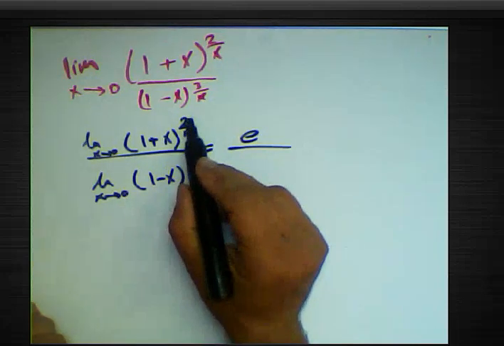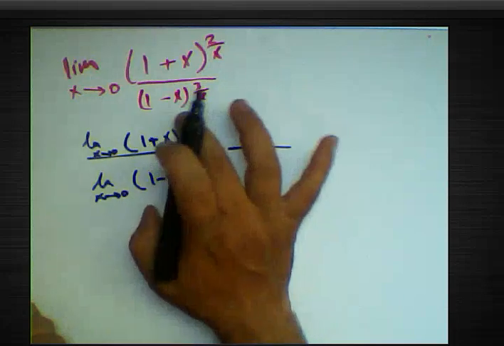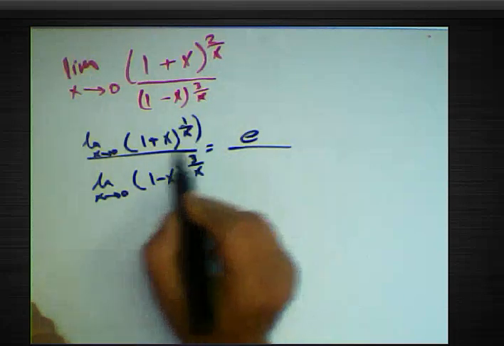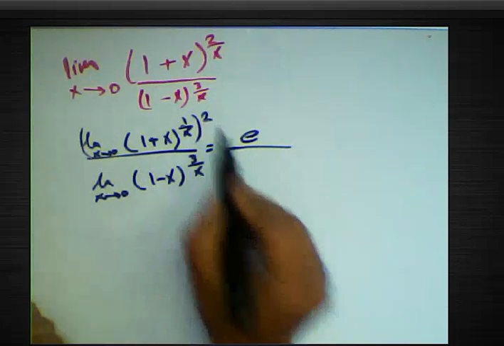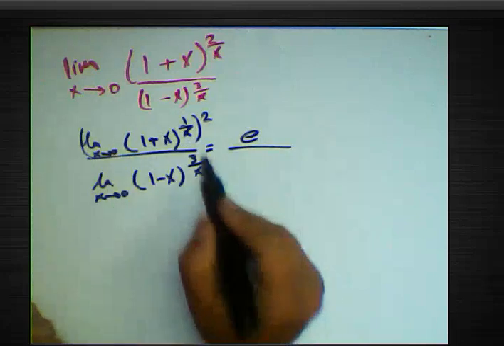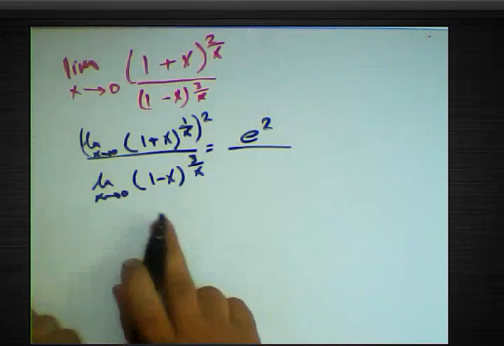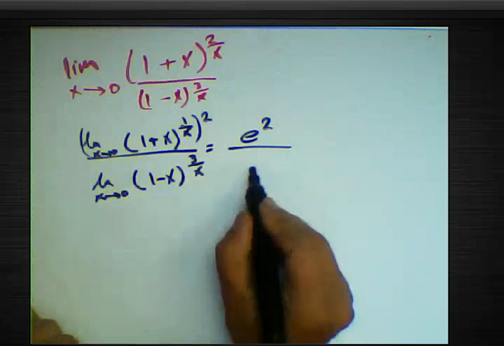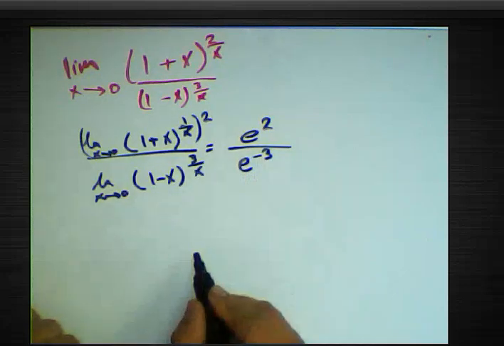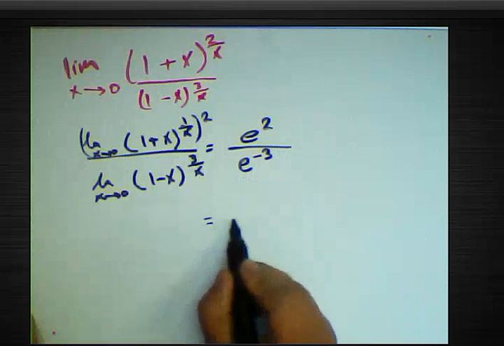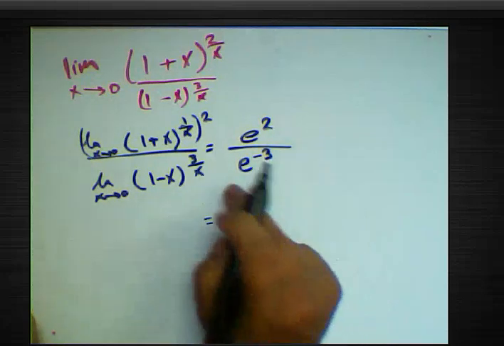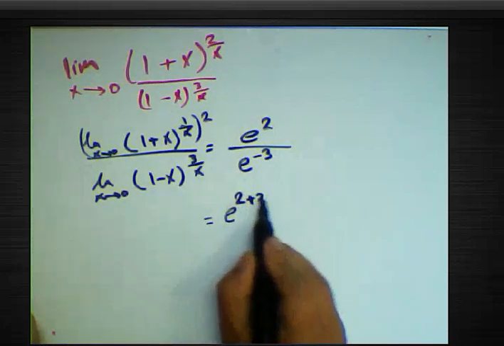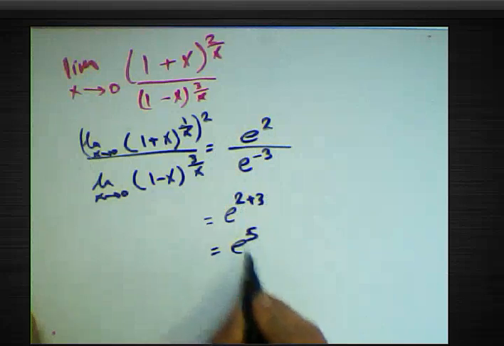We have 1 over x times 2, meaning 1 over x all power 2. So the result about inside here is e power 2. And the denominator here, look at the negative sign and here 3. So the result will be e power negative 3. Then you can find the result by subtracting the powers because we have the same base: 2 plus 3. The result will be e power 5.